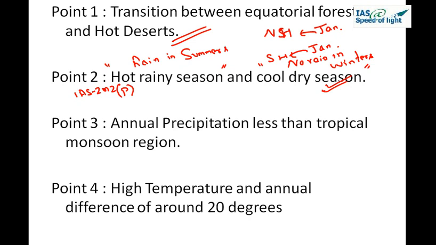This question was asked in IAS 2012 prelims, about which climate best defines the savanna region. Annual precipitation is going to be less than the tropical monsoon season, which we have already discussed. High temperature and an annual difference of around 20 degrees, right? High temperature is understood because it's a tropical region, and the annual difference between the summers and the winters is going to be around 20 degrees.